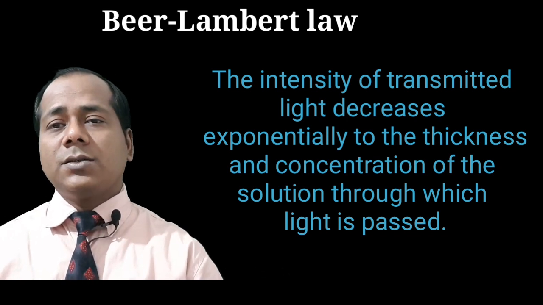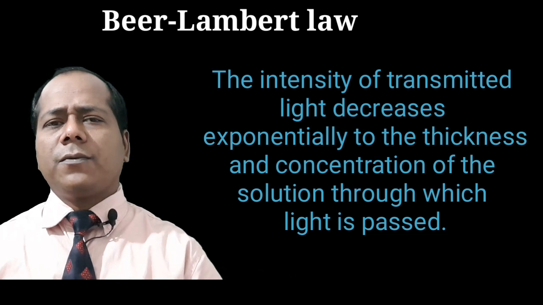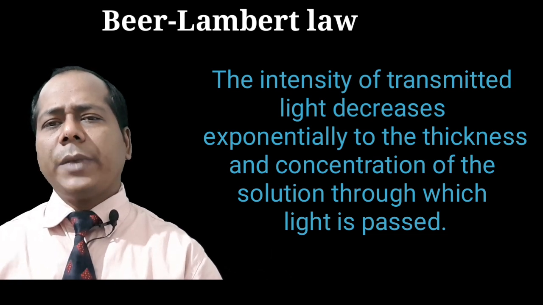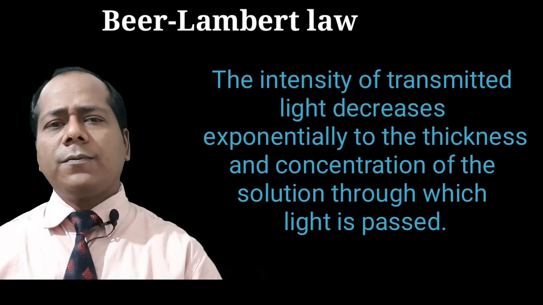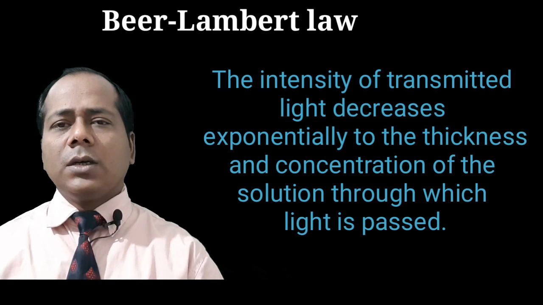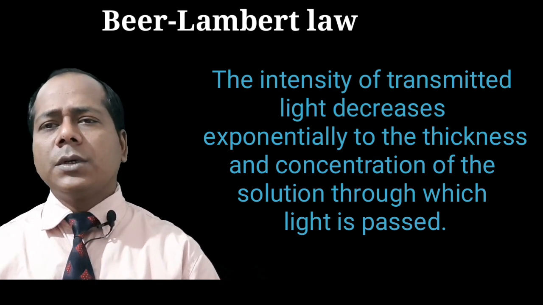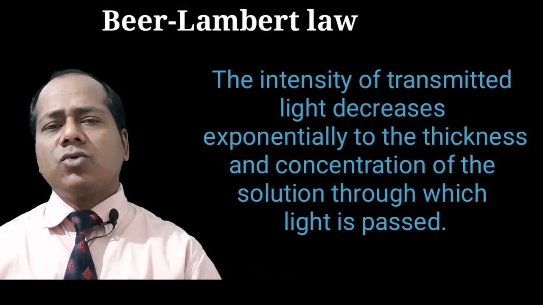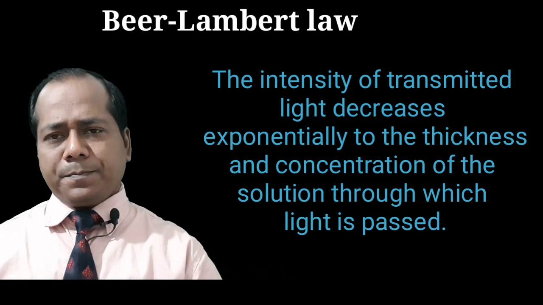As a result of absorption, the intensity of light passing through material bodies, that is, the intensity of transmitted light, decreases. The fraction of incident light absorbed depends on the thickness of the absorbing medium.